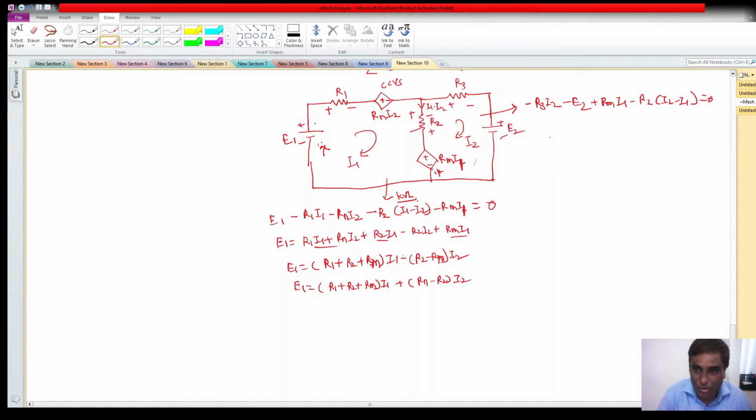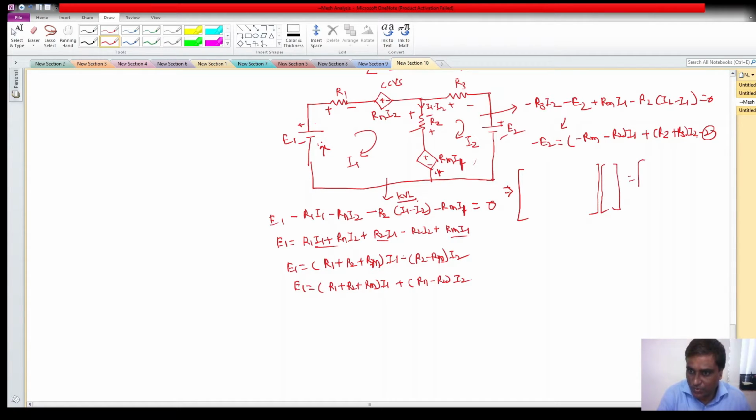If you solve, you can write minus E2 equals minus Rm minus R2 into I1 plus R2 plus R3 into I2. This is equation 2.